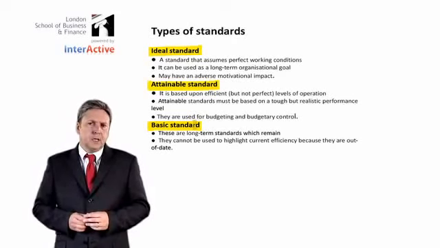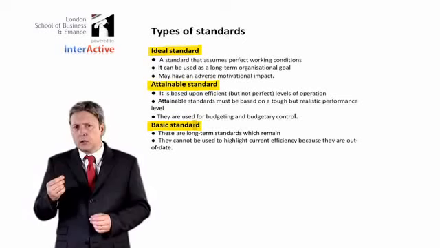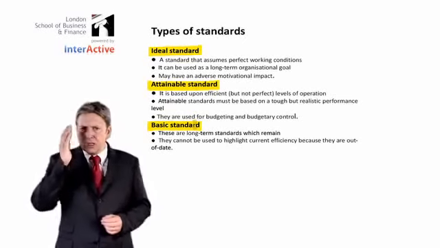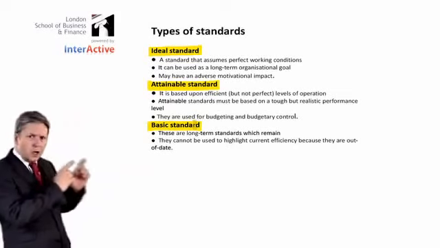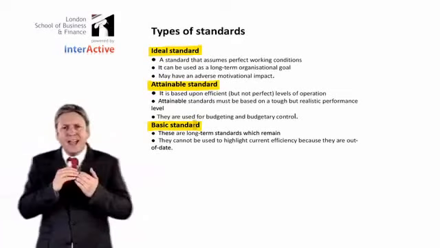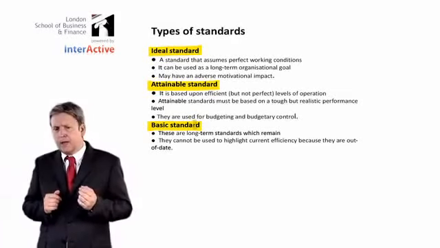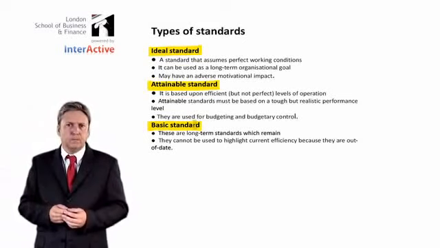Because of that, it is a very useful long-term organisational goal. You see, the thing is, we are unlikely to achieve perfection. But if we strive towards achieving our ideal standard, maybe we get that much closer to it, and therefore have slightly less losses, slightly less idle time, and so on.